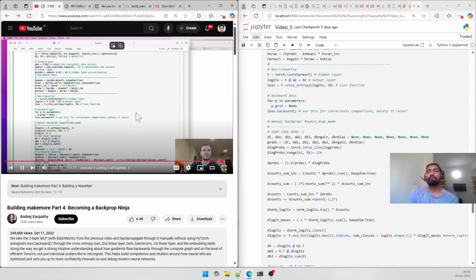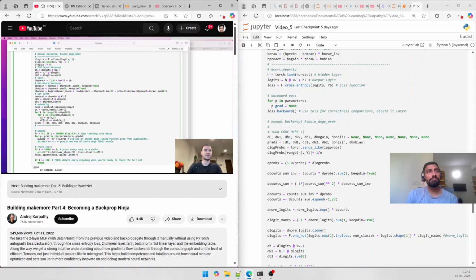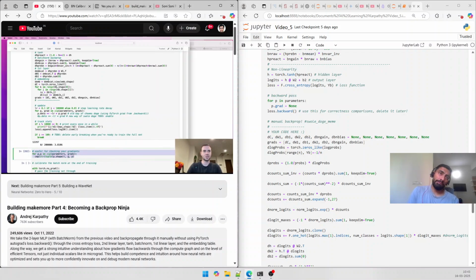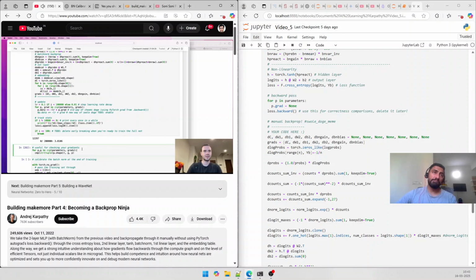So the way I have the code set up is you should be able to run this entire cell once you fill this in, and this will run for only 100 iterations and then break. And it breaks because it gives you an opportunity to check your gradients against PyTorch.